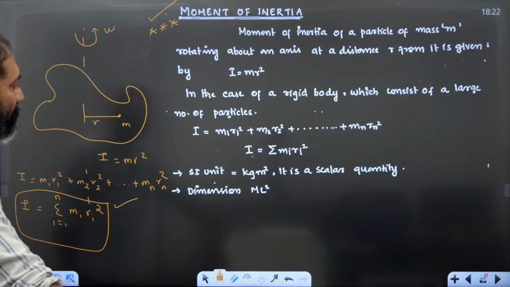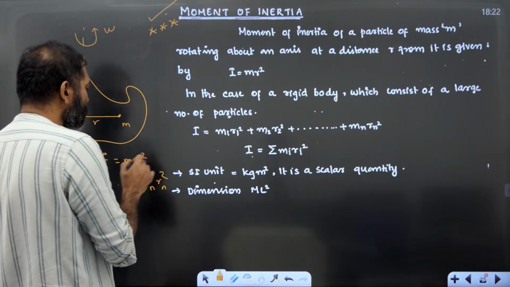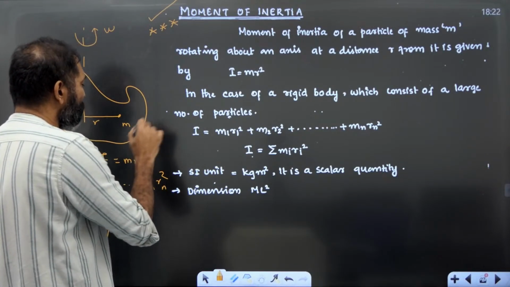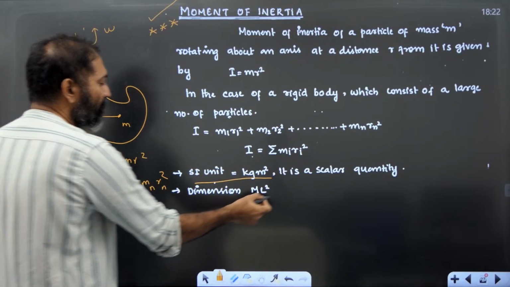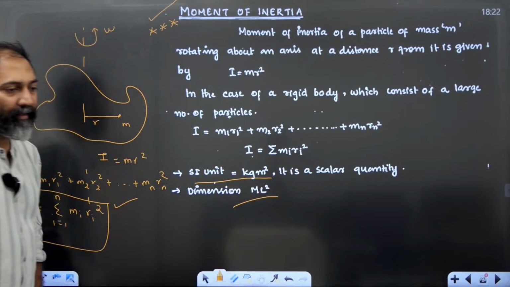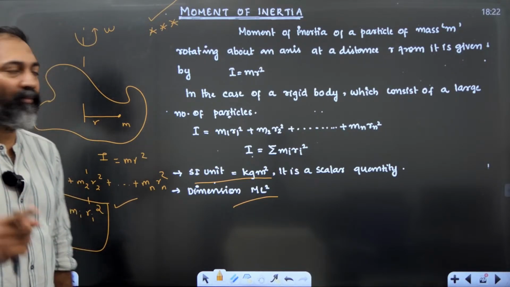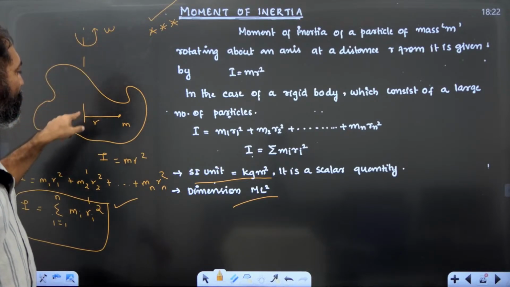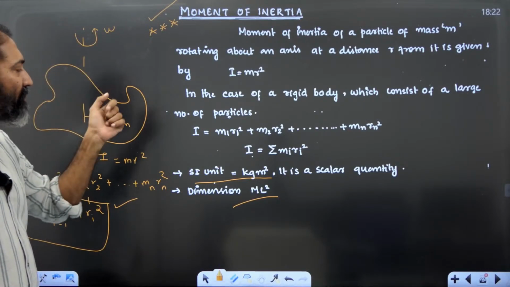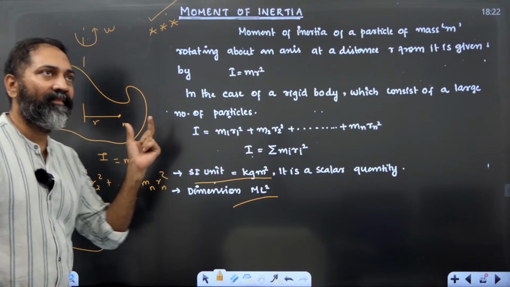Any doubt? What is the SI unit of moment of inertia? It is mass into the square of the distance from the axis of rotation, so kilogram meter square. Dimensional formula is ML square. What is moment of inertia? If a rigid body rotates about an axis with angular velocity omega, consider a particle of mass m on the rigid body at a distance r from the axis.